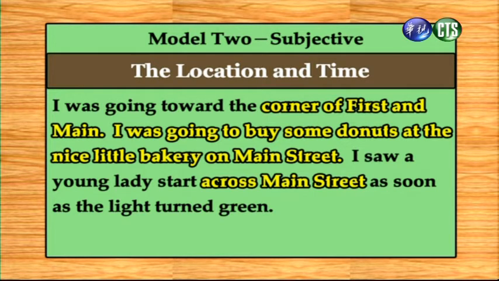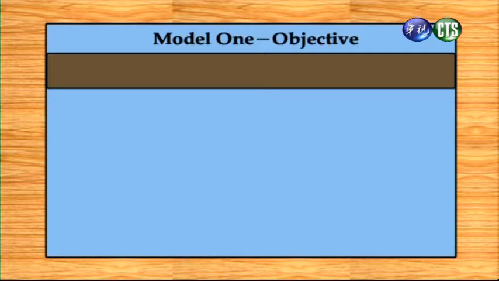And then another thing in this subjective version, we have some information that maybe isn't quite so important or so relevant, such as the location of or information about the bakery.